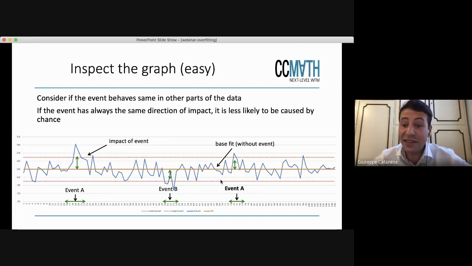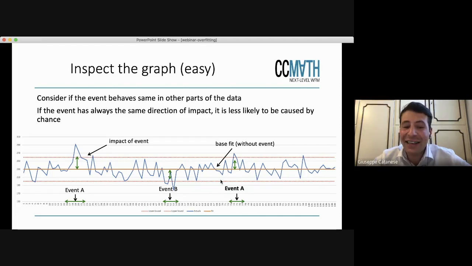Then I see this event again in the future. I see that it has a positive impact. And then I think, shall I insert it or not? Since now at least you see that this event behaves the same in other parts of the data, this event has the same direction of impact, so you can be more sure that this event is actually significant.